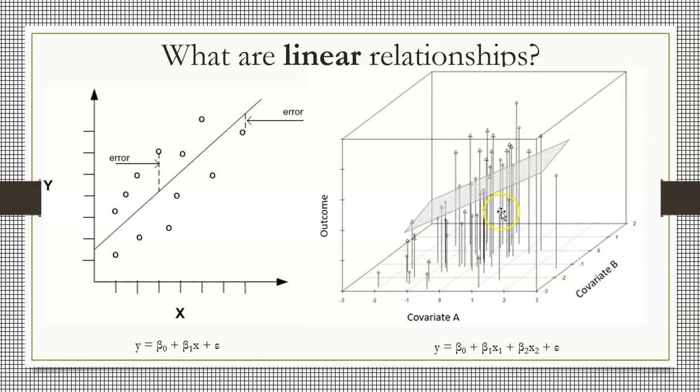And so you have this cloud. So imagine a cloud of raindrops or a cloud of points. What we're going to be doing in multiple linear regression, if there are two independent variables, is essentially fitting a plane, a piece of paper, which is a two-dimensional shape, through this three-dimensional cloud.